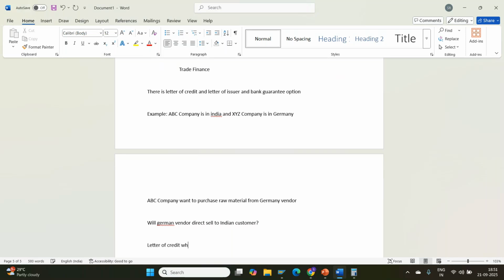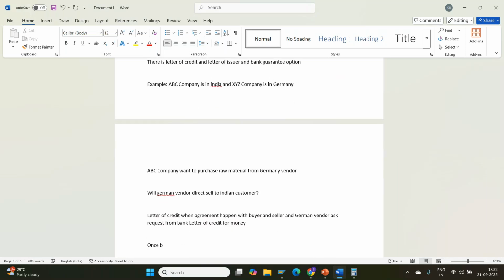It means when an agreement happens between buyer and seller, the German vendor requests a letter of credit for money from the bank. Once the bank sends that letter of credit form to the German vendor, then the German vendor sells that product to the Indian customer.